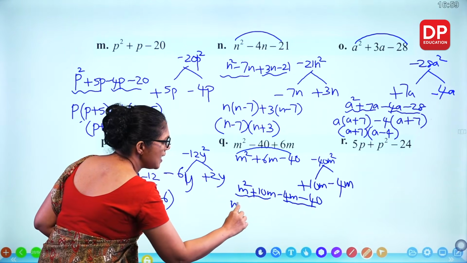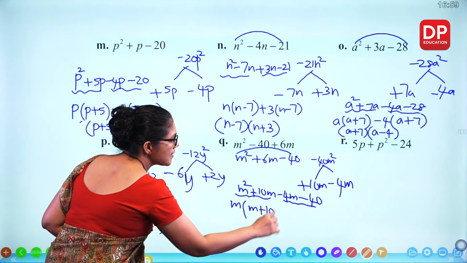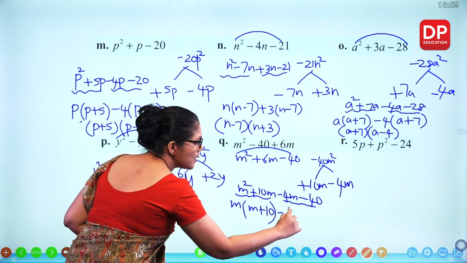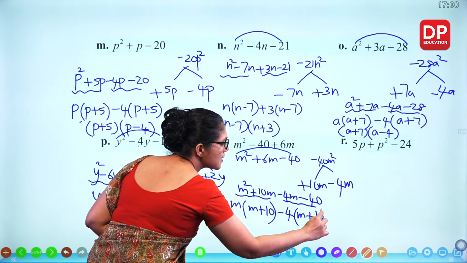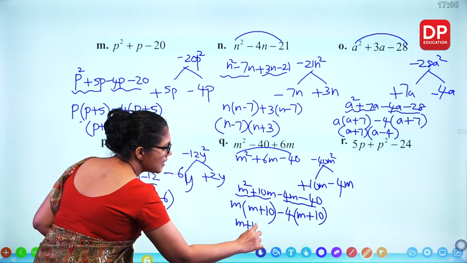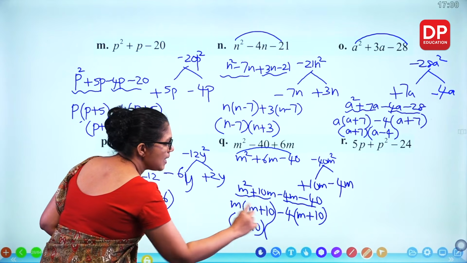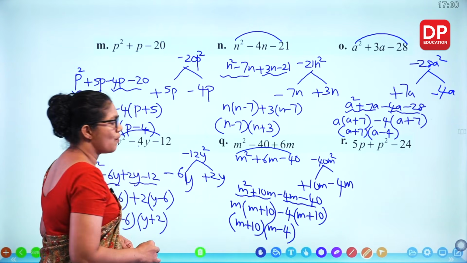Here we can see m, you can take it out and write m plus 10. Minus 4 is common, take it out, you get m plus 10. Now we can see m plus 10 is common and the remaining part I can write m minus 4.